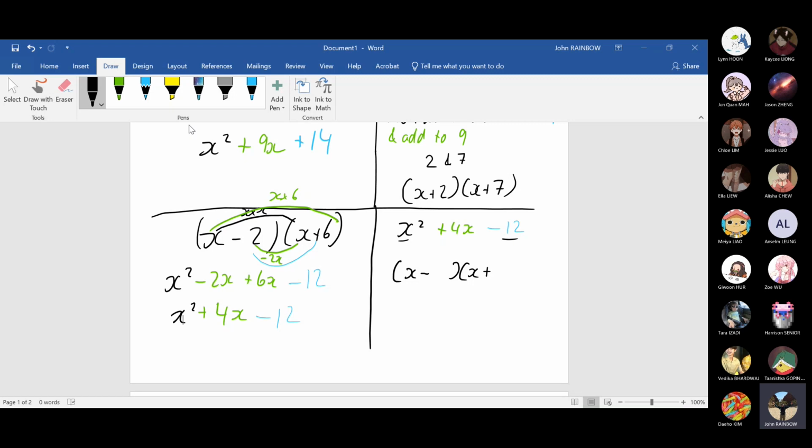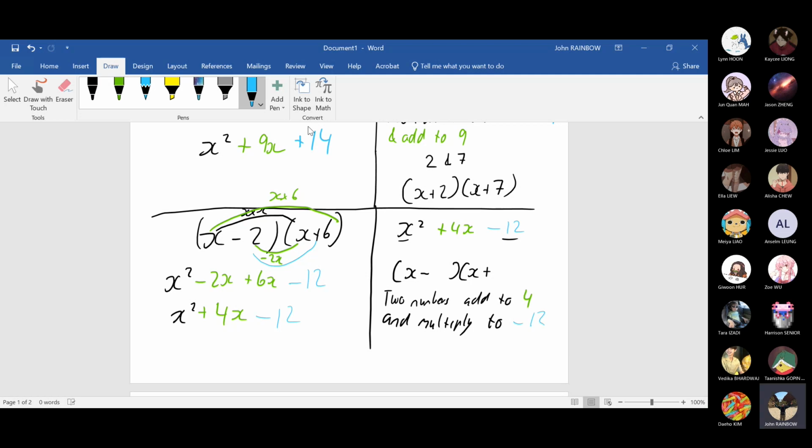So again, I'm looking for two numbers that add to 4, or sum to 4, and multiply to negative 12.